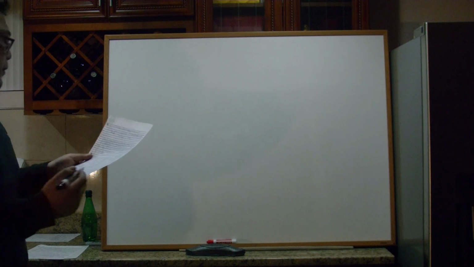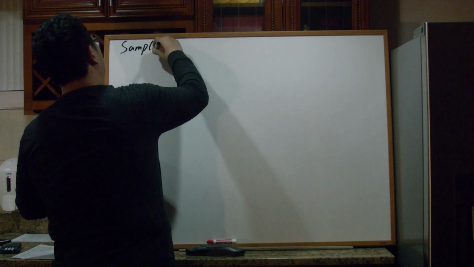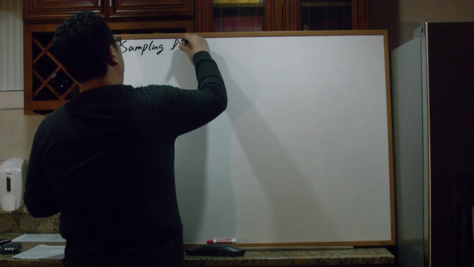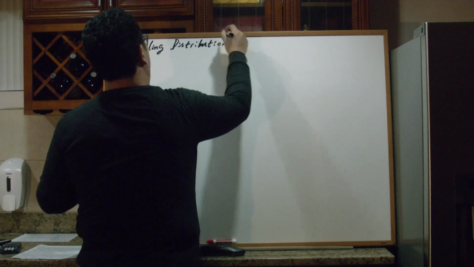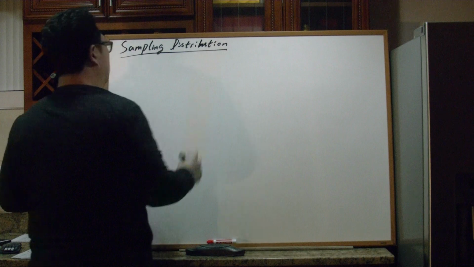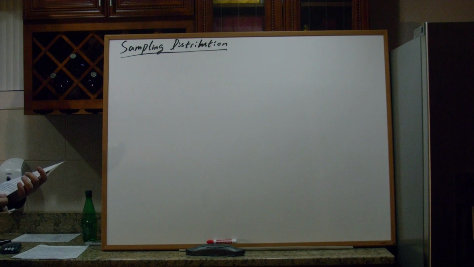The sampling distribution is the first thing to be discussed, and then we'll go to the central limit theorem.